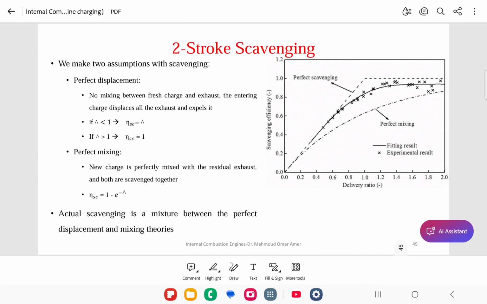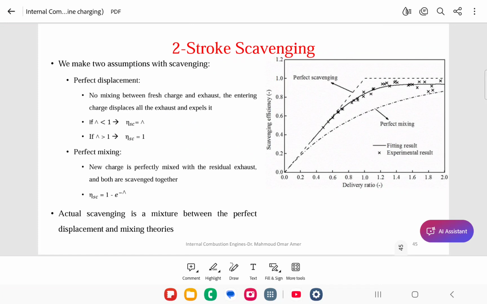So, if the delivery ratio is less than 1, it's maybe 0.9. And we are talking about perfect displacement. What does this mean? It means that the pressure charge delivered to the engine is 0.9 the reference mass.